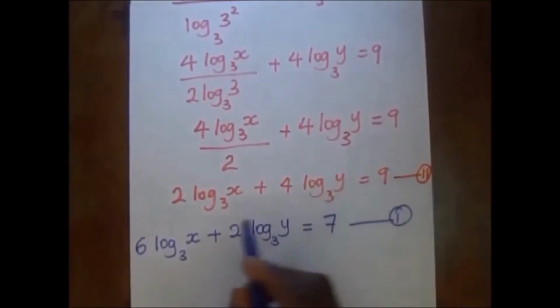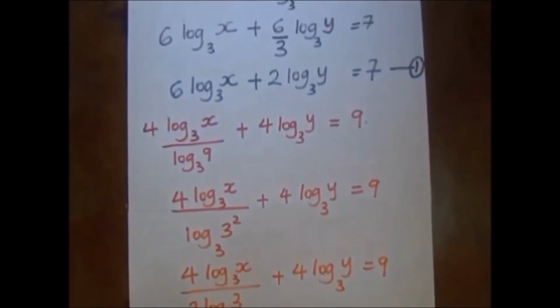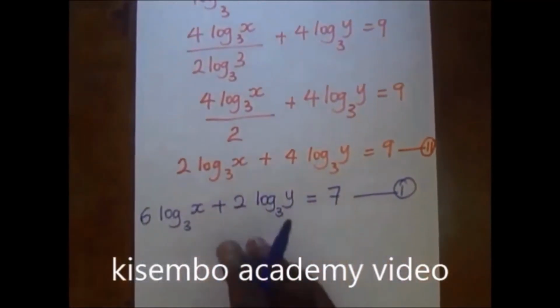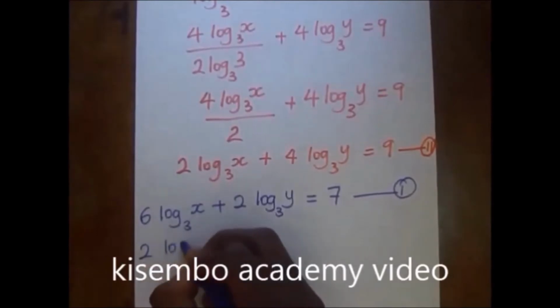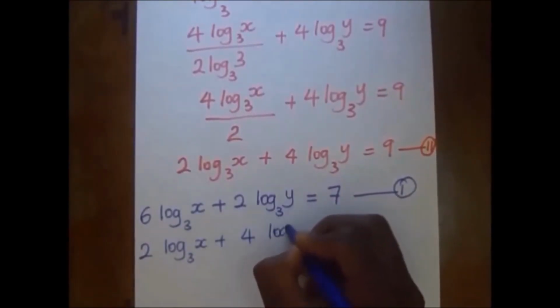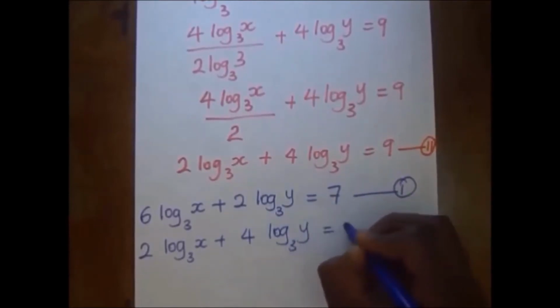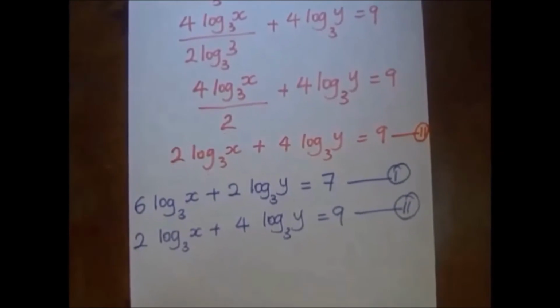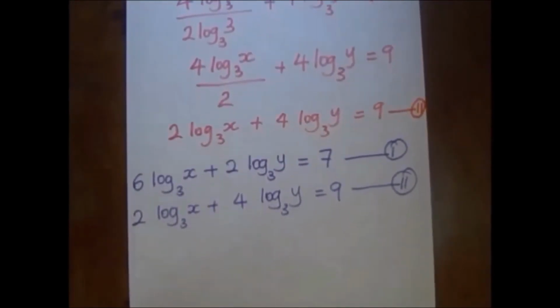I've just recopied it. Then the second equation is 2 log base 3 of x plus 4 log base 3 of y is equal to 9. That's our second equation. So now, how do we solve those two simultaneously?